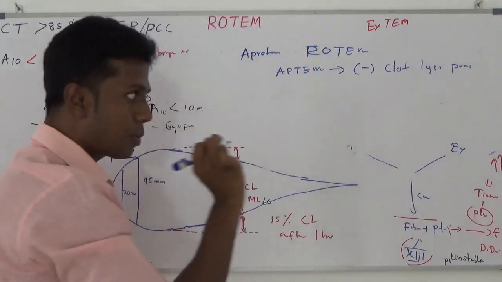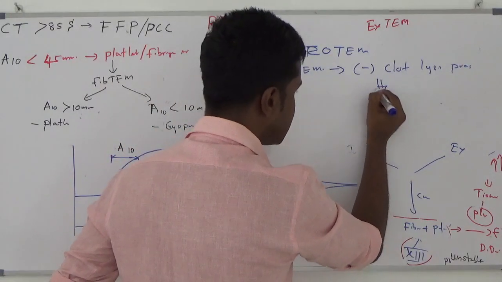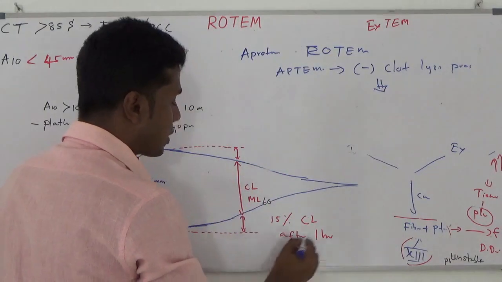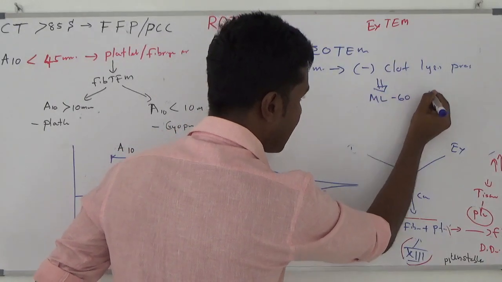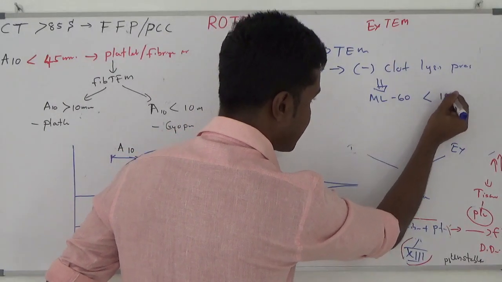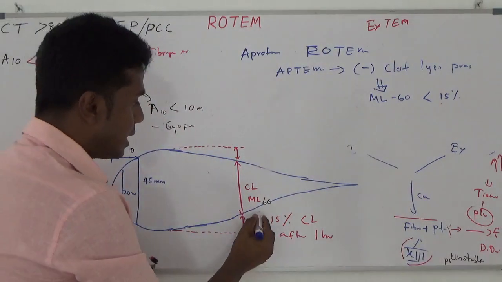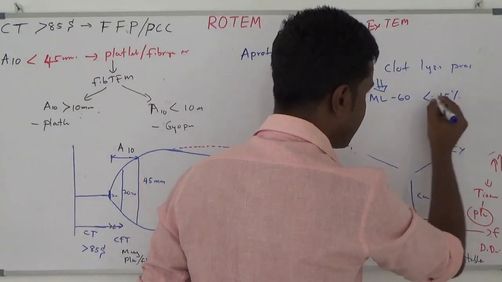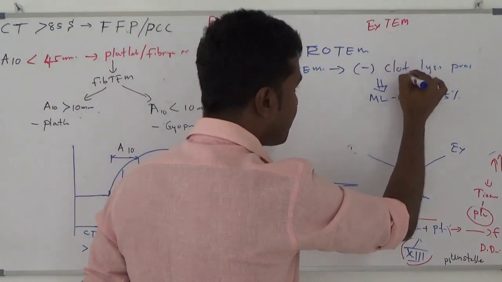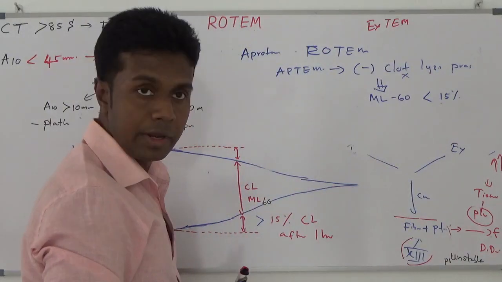Once I stop the clot lysis process, if my clot maximum lysis in 60 minutes is less than 15%, that means previously more than 15% was due to hyperfibrinolysis. Now I have stopped hyperfibrinolysis, and now it is less than 15%.